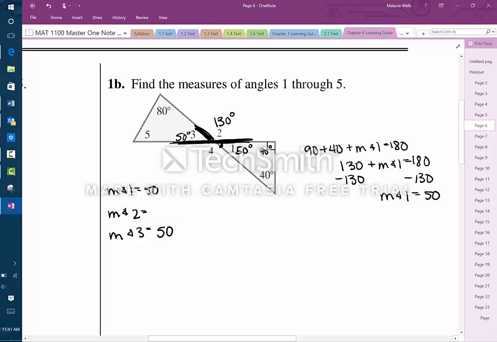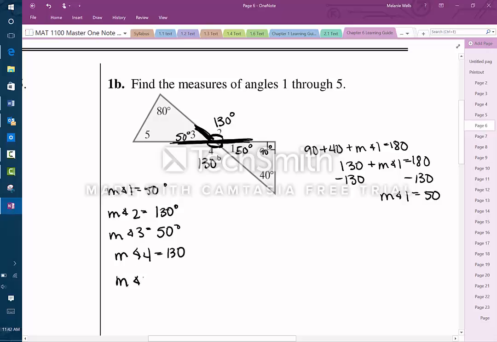Also look at angle 4. 2 and 4 are vertical angles, so it would have the same measure as angle 2. Okay, so the measure of angle 2 was 130. The measure of angle 4 is 130.